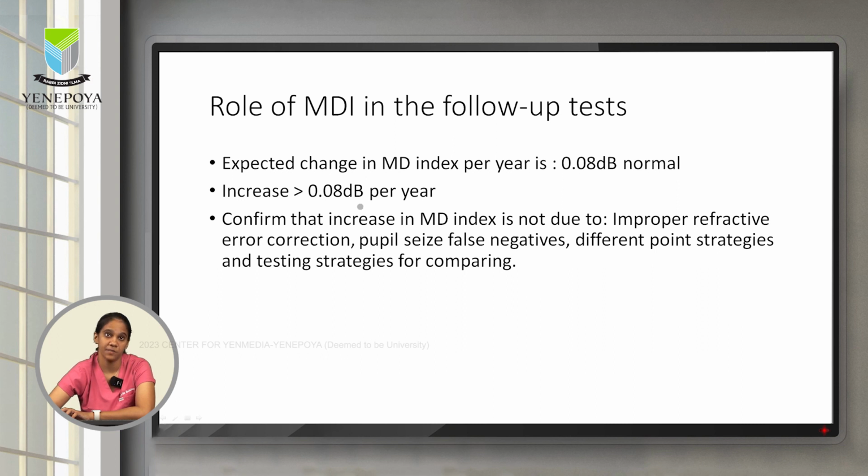The expected change in MD per year is 0.08 decibel, which is considered normal. Anything more than 0.08 decibel per year is considered a glaucomatous change. Also, another thing that you should do is make sure the increase in the MD index is not due to improper refractive error correction, pupil size, false negatives, different strategies and all of that.